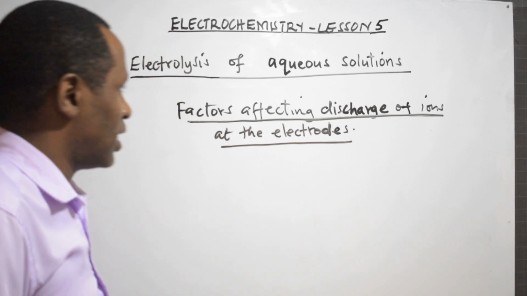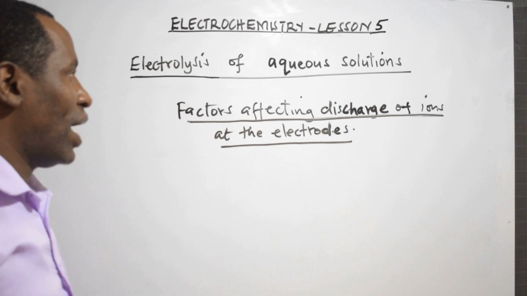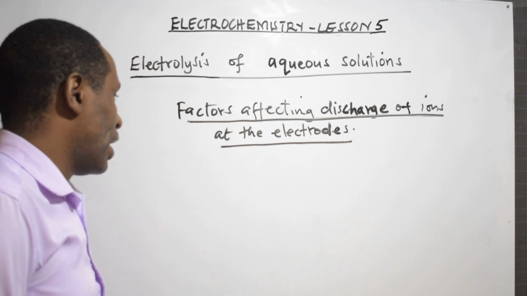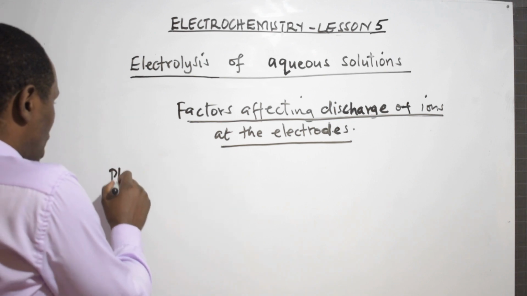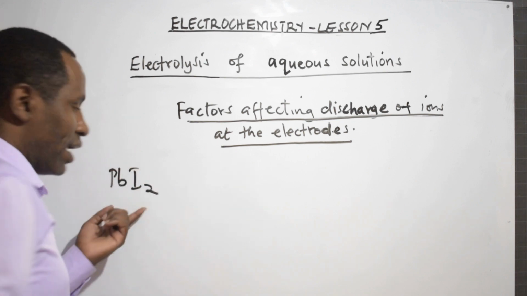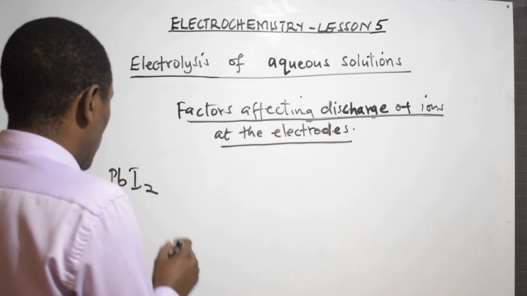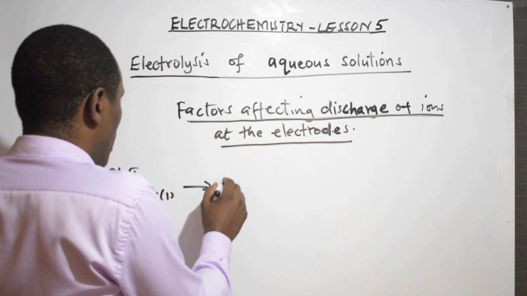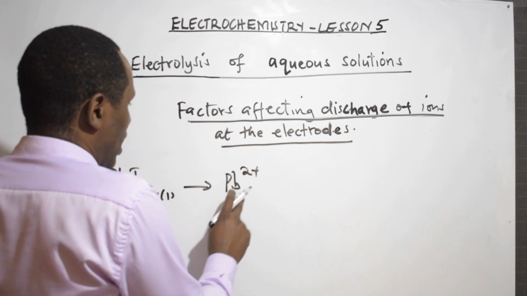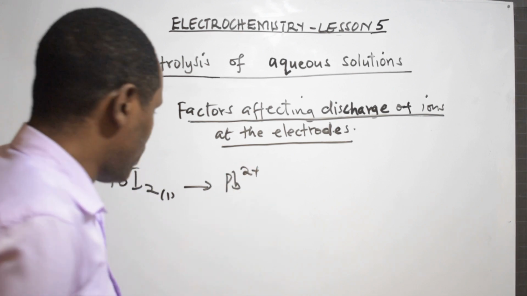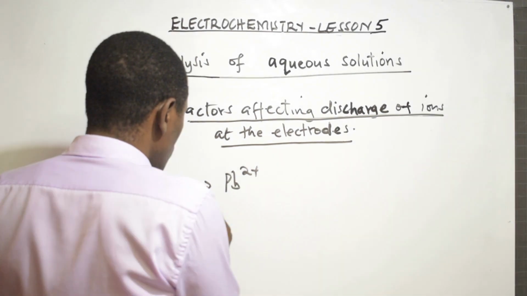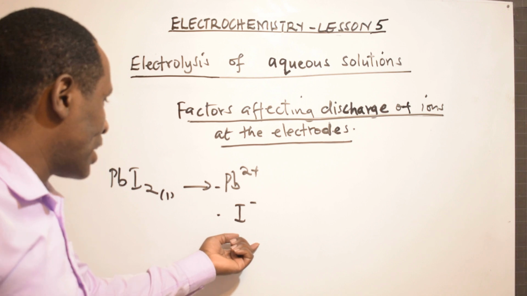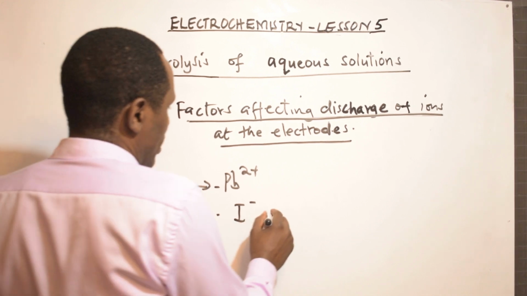For example, if I talk about lead(II) iodide in molten state, it will have the lead ions as the only positive ion, and the iodide ions as the only negative ions.